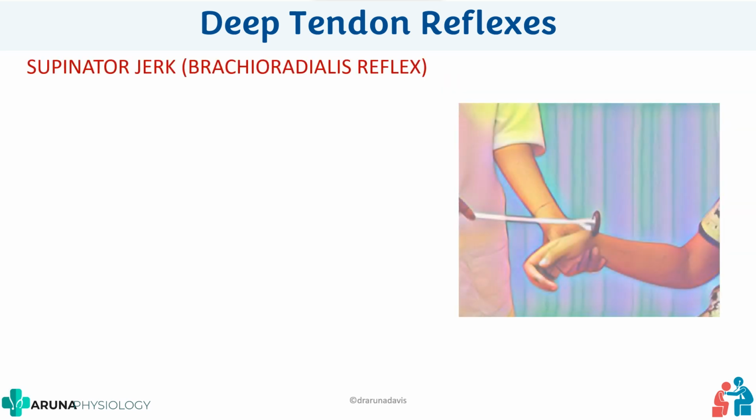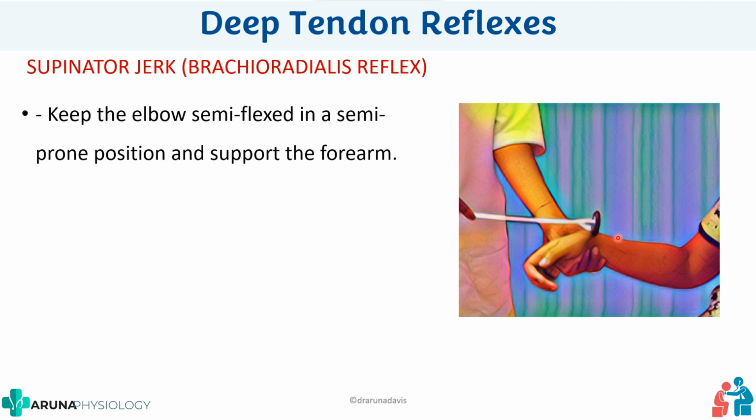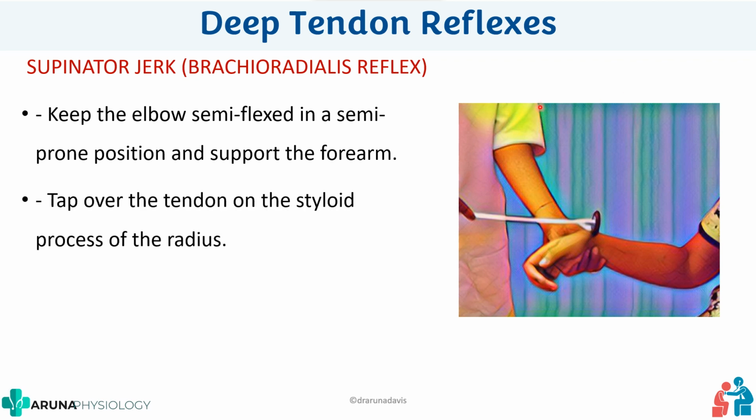Next jerk is the supinator jerk. Supinator jerk is also called the brachioradialis reflex. To elicit this jerk, we keep the elbow in a semi-flexed, semi-prone position like this, and then we support the forearm. Then we strike the tendon on the styloid process of the radius. See here, for this jerk you're not placing your thumb.